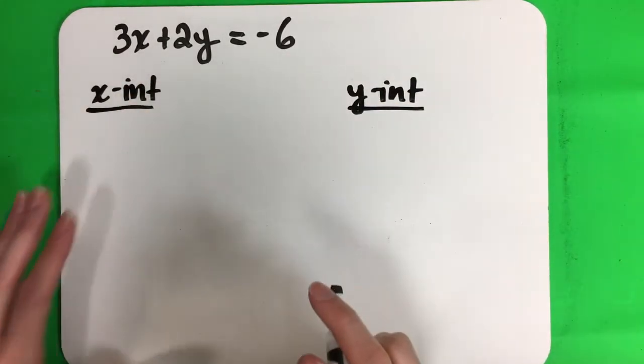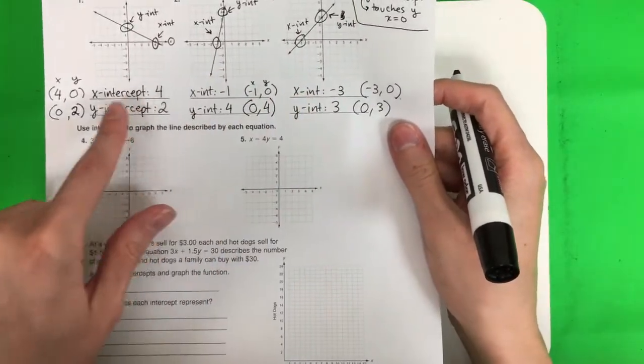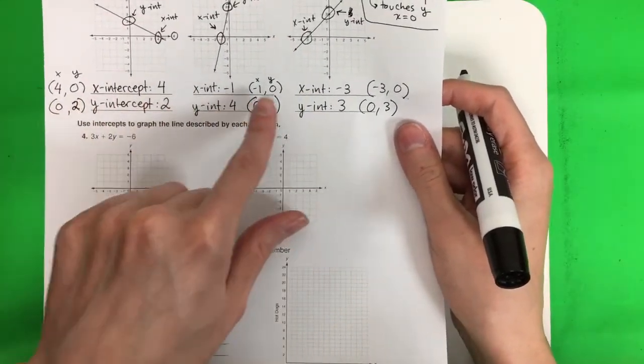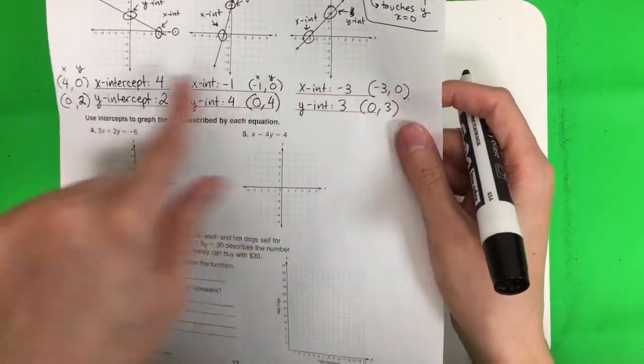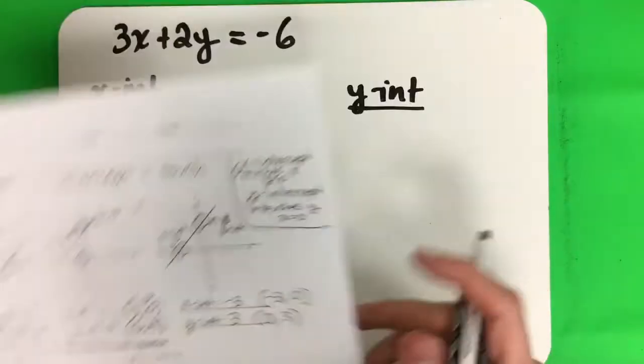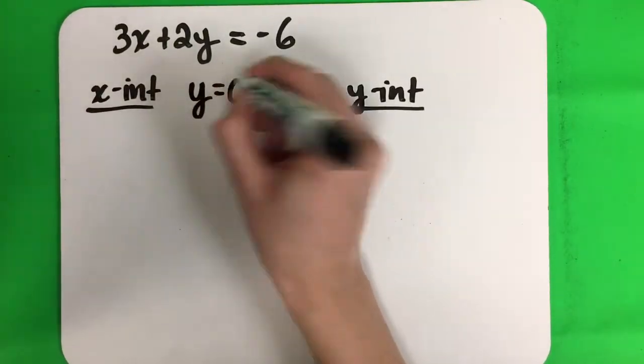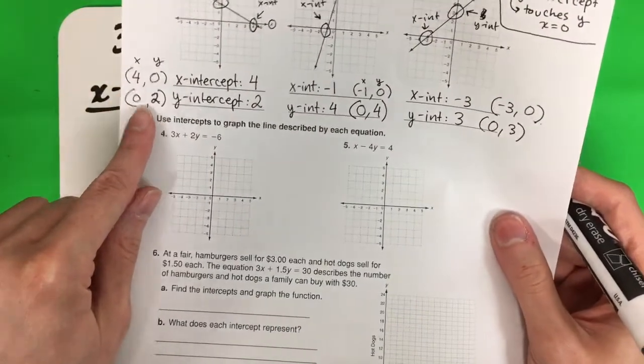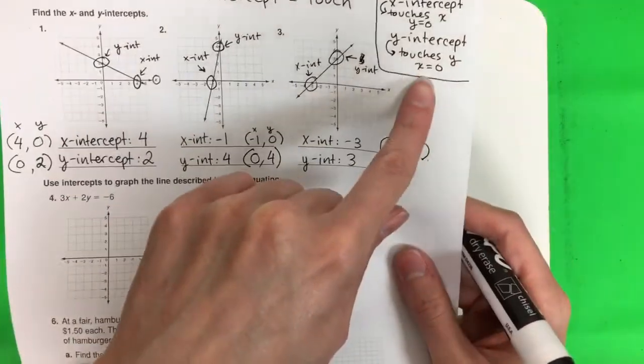For the x-intercept, remember, if you notice, the y is always 0. Y is always 0, and we wrote it right here. For the x-intercept, y is 0. For the y-intercept, notice that the x is always 0. And here I wrote x is 0.